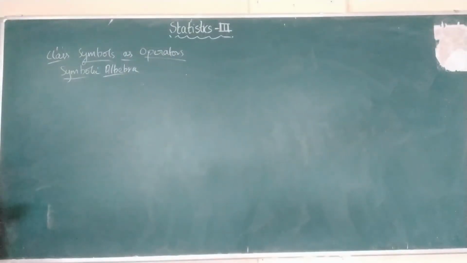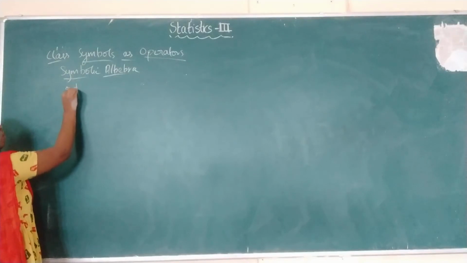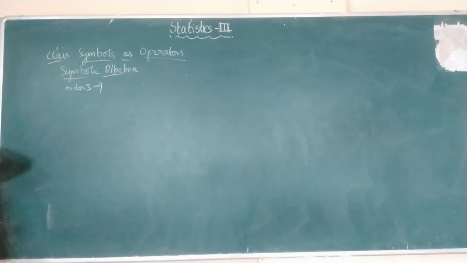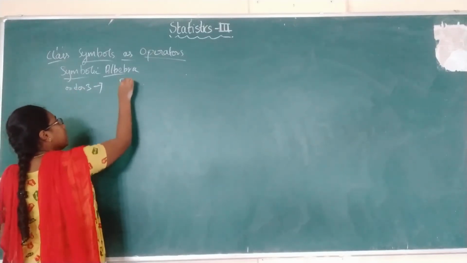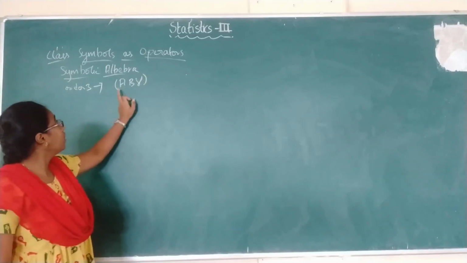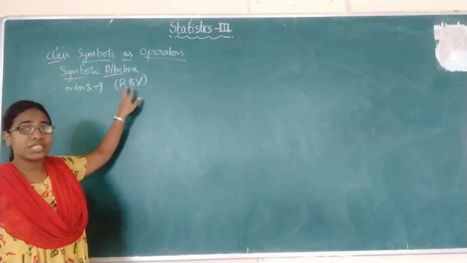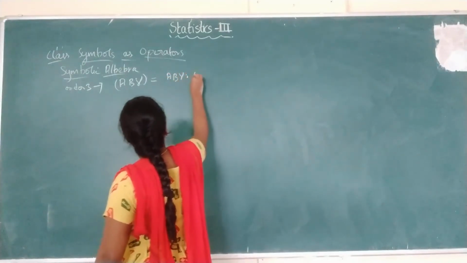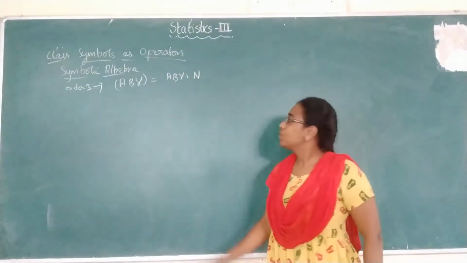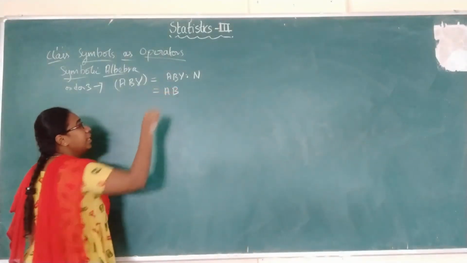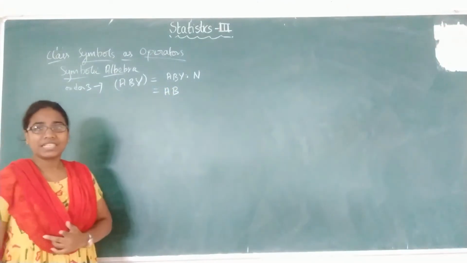Now I am considering order 3. Of order 3, I am considering a class frequency AB gamma. If you observe, for order 3, two are positive and one is negative. This can be written as AB gamma into capital N. AB you write as it is because they are positive classes, and gamma is a negative class.